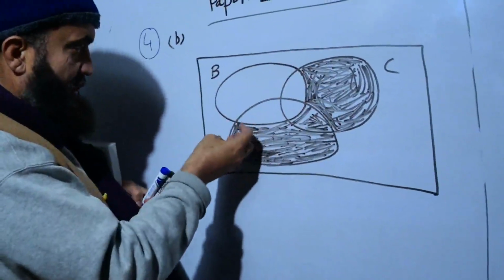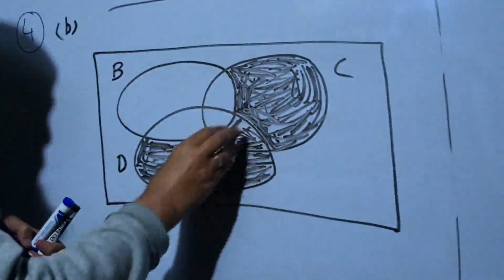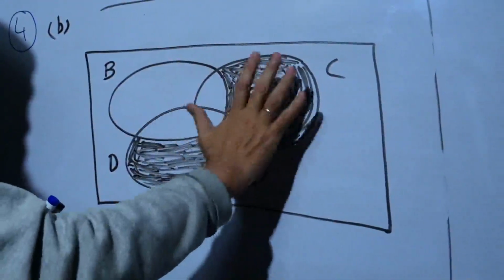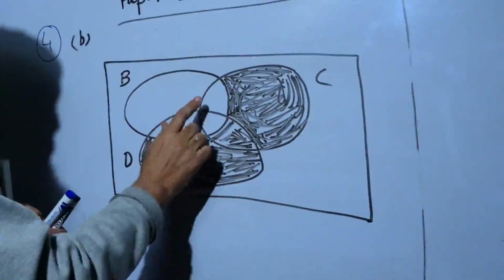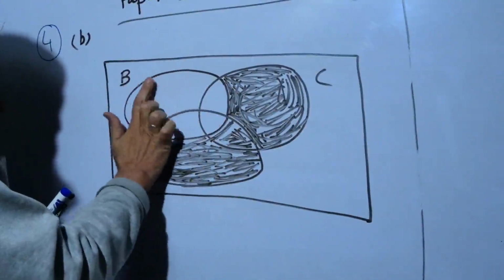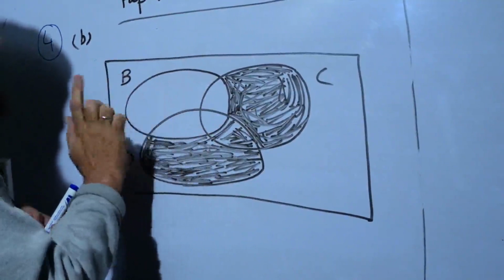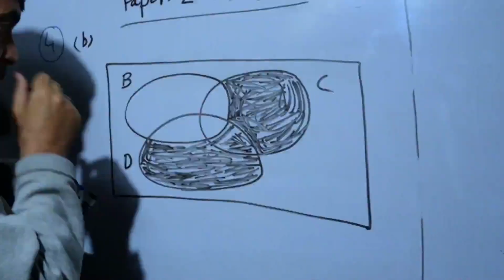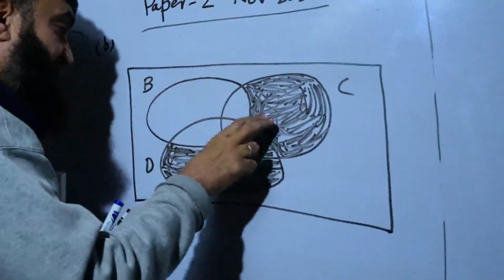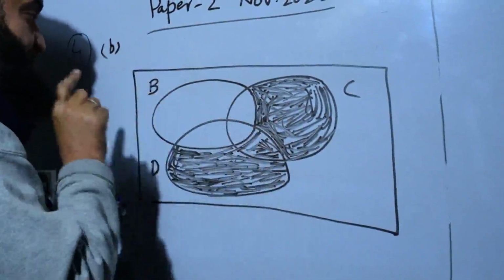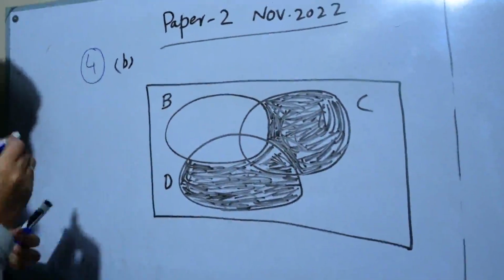The whole of this denotes C union D, but this is not shaded. So it will be those elements which are in the union of C and D and not in B, so it means intersection.